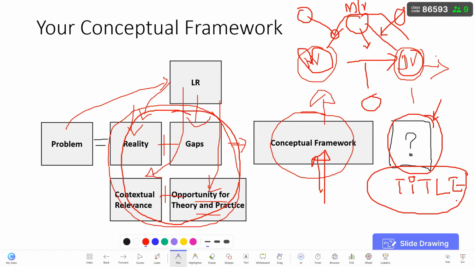So that's how you can simply create the title, and the title must reflect at least the independent and dependent variable. Then the reader can understand what the problem is from this research.